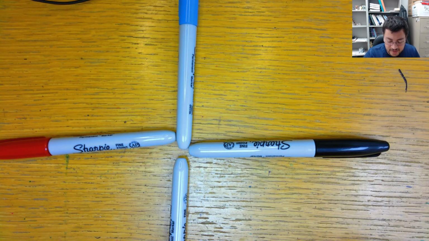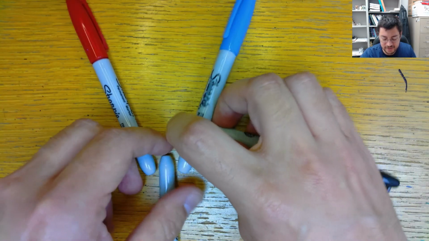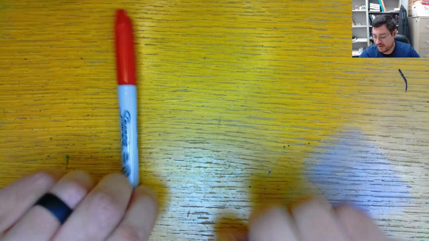But by using a front and back for the molecule, we are able to do better. This is too hard with markers, so I'm going to do it with my hands. So 90 right here, and then my legs are 90. But what the molecule ends up doing is twisting and then going front and back like that.